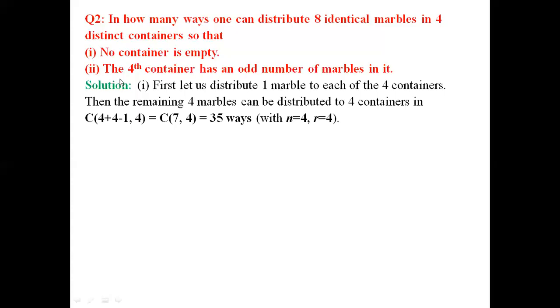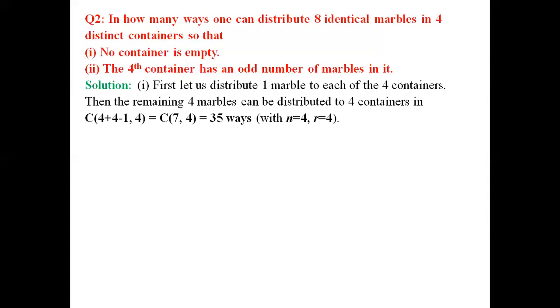Now the second case is that the fourth container has an odd number of marbles in it. I have 4 distinct containers, and among them the fourth one should have an odd number of marbles.